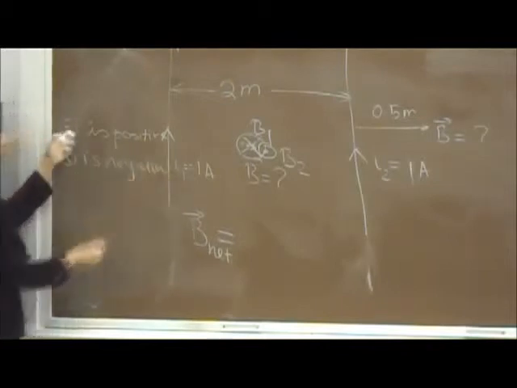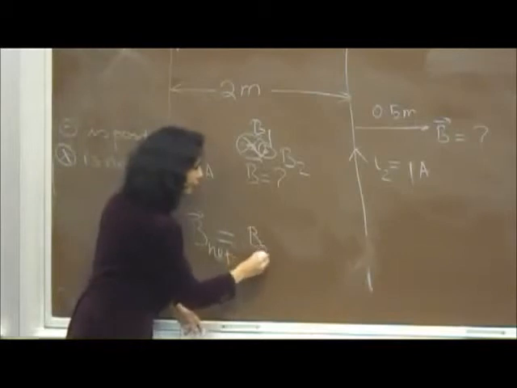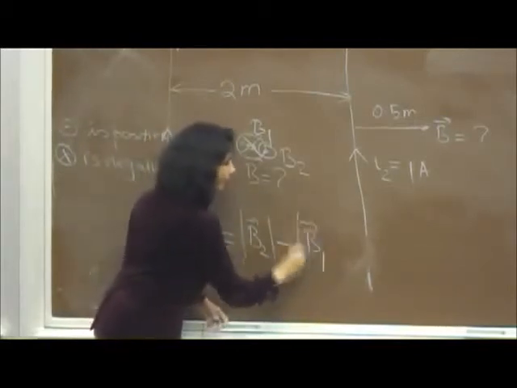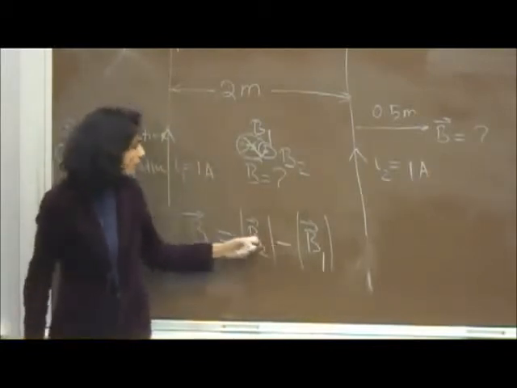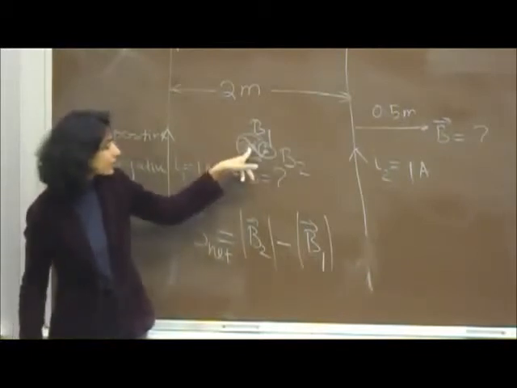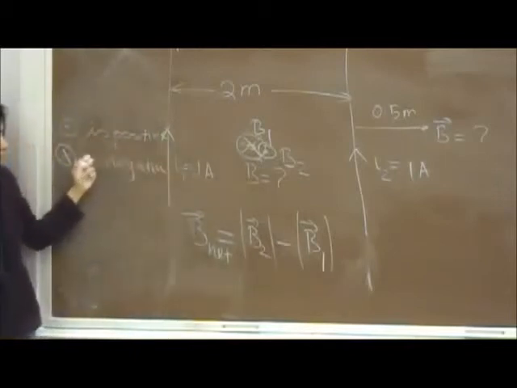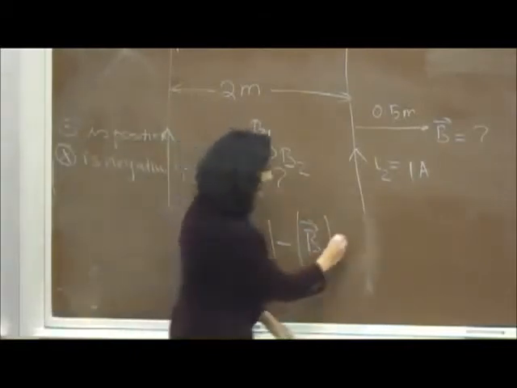So if out is positive for me, then B net is B2, which is out, minus B1. Is everybody seeing why I'm choosing the negative sign between the two? Because B2 is positive, it's coming out, and B1 is in the negative direction that I chose as my convention, right?